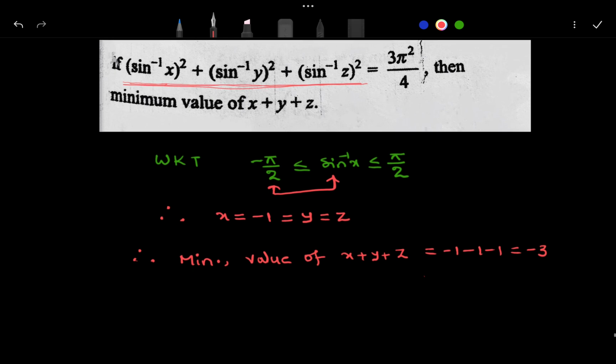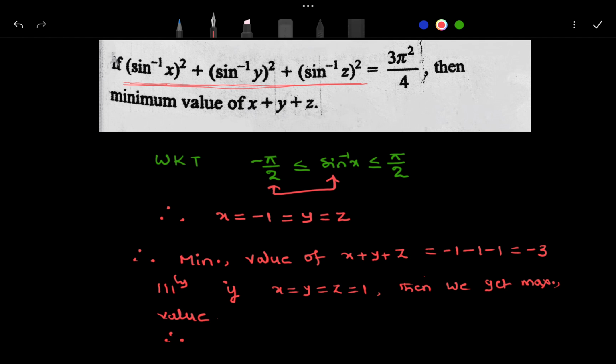So here I will write it similarly: if x is equal to y is equal to z is equal to plus 1, then we get the maximum value. So what is the maximum value of this one?